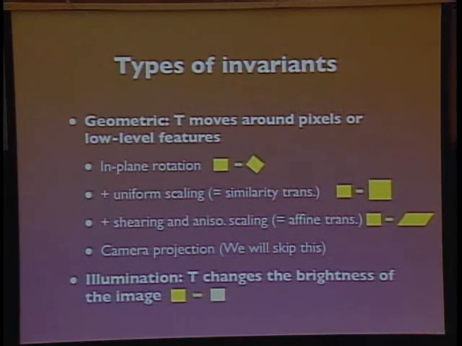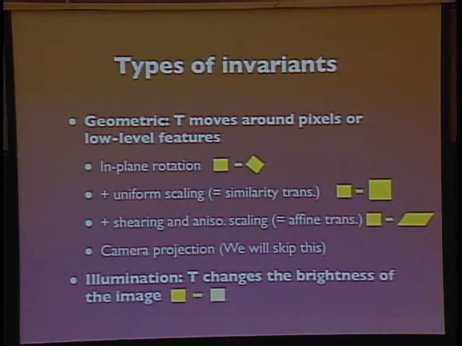Getting from that 3D position in the world to a 2D position on the camera plane requires a process called projection that can go from arbitrarily simple in how you model it to arbitrarily complicated if you consider all of the really complex things that go on inside the optics of your camera. So one goal could be to make feature functions that are invariant to how that projection process happens, or over a range of projection parameters. But we're not going to talk about this, and you won't really be responsible for it on the exam.